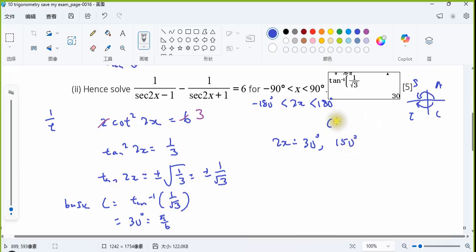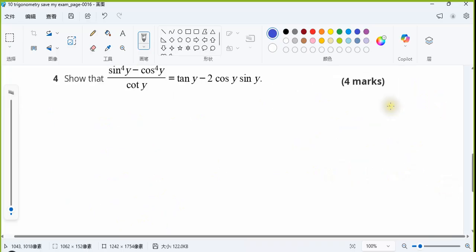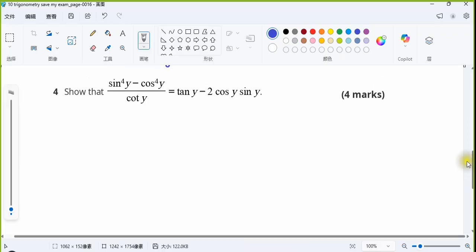This is the 180 minus 30. And we have the negative 30 and negative 150. So the x will be 15, 75, -15, and -75. Done. Question number 4. Show that this equal to this.